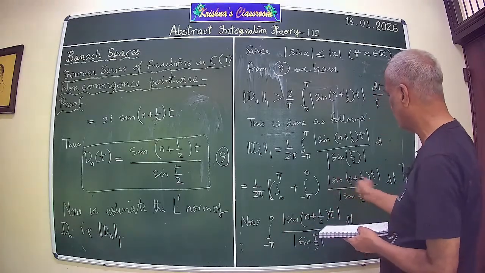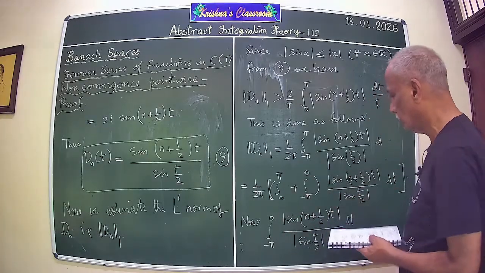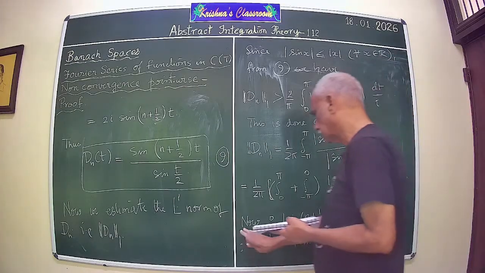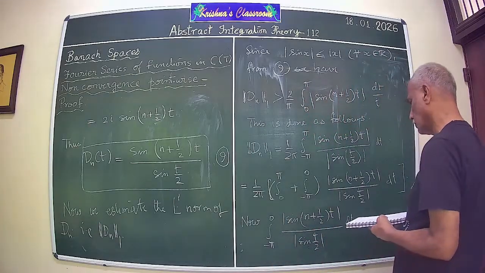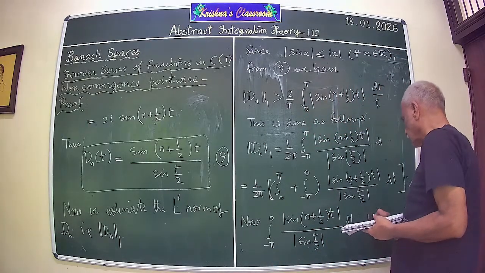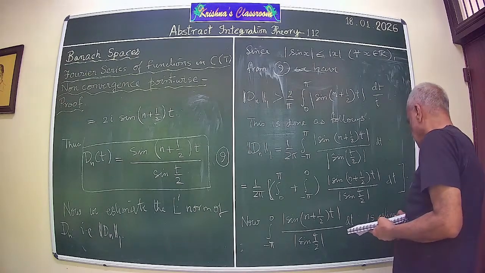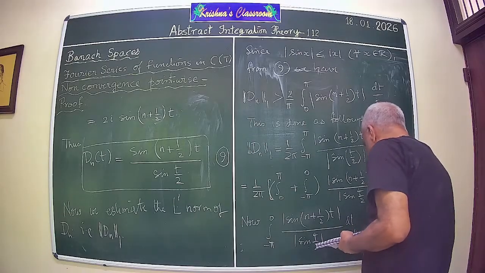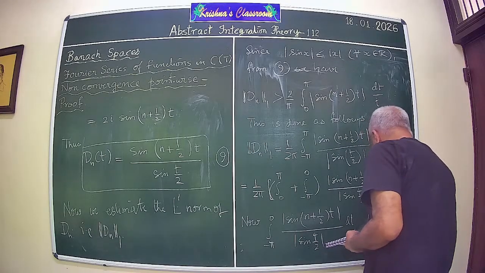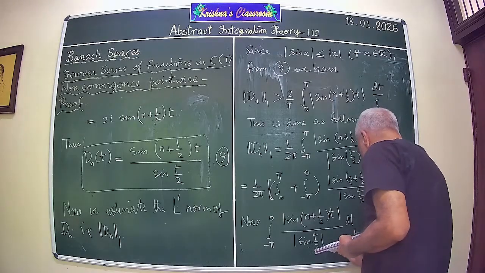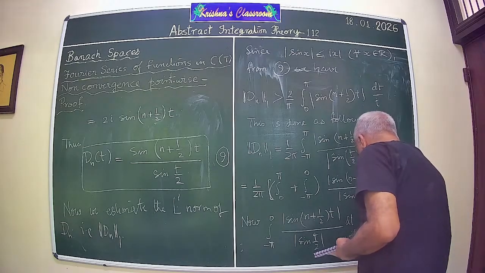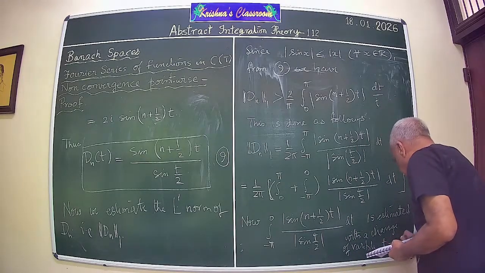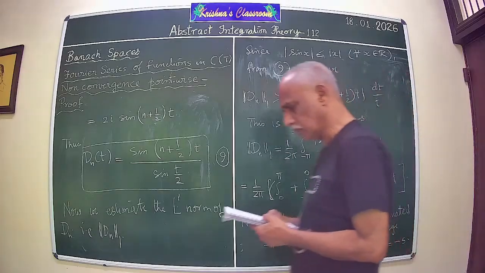Because this term we retain as it is, the first term, and the second term we try to estimate, and thus by change it is t equal to minus s, t equal to minus s.